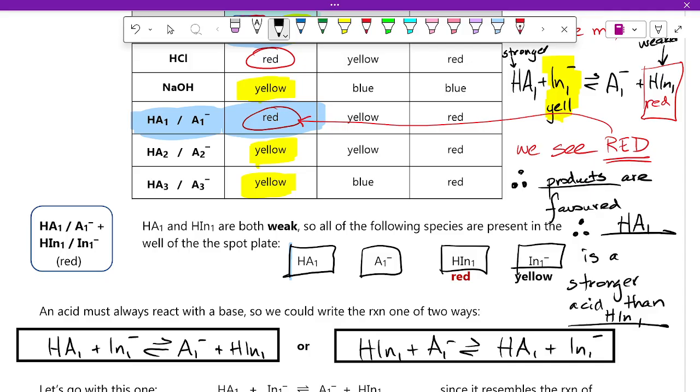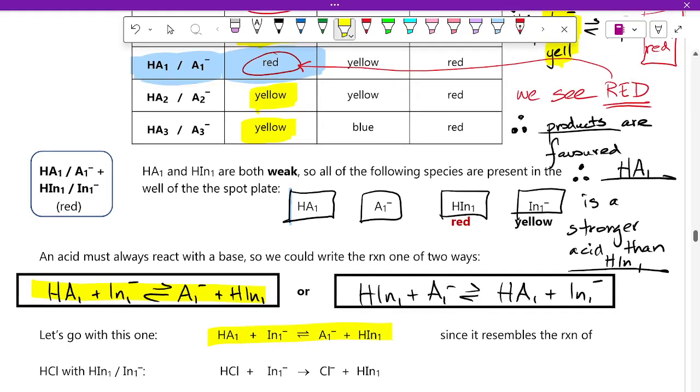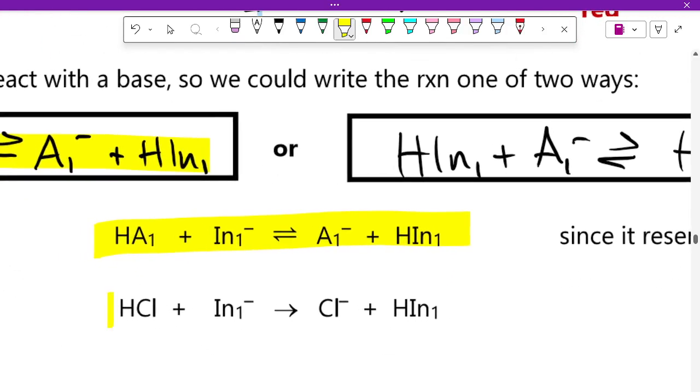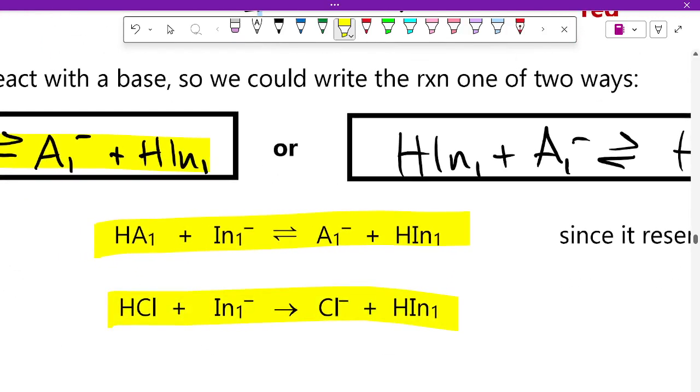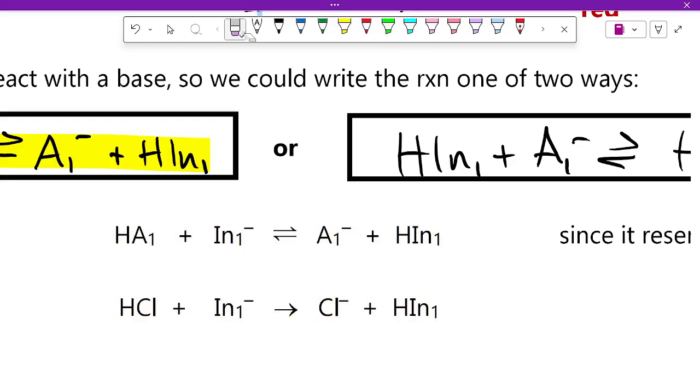Yeah, you can write it whichever way you want to. I have personally just chosen this one because that's what I randomly picked, okay? And it also resembles what we just did with HCl, yeah? When we put HCl with In minus, you got Cl minus and HIn. I shouldn't highlight this all in yellow because some of this is yellow and some of it is red.